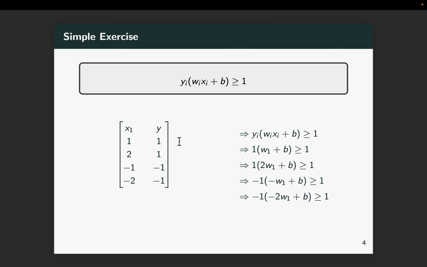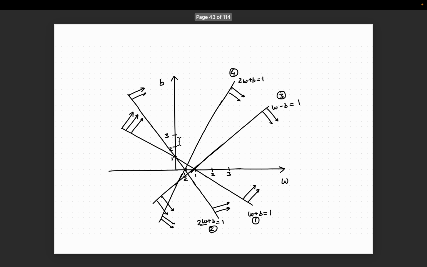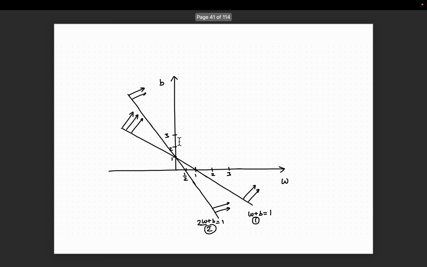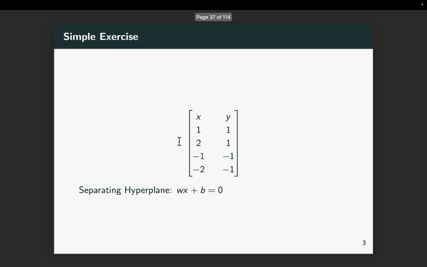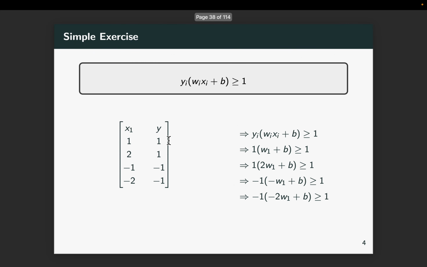Corresponding to each inequality, we made this graph where we looked at the direction of the origin and the direction in which the inequality is feasible. We then looked at the overall feasible region, and we found out that the binding constraints, or the constraints which take an active part in deciding the feasible region, are the ones which correspond to the points which are closest to the separating hyperplane in this trivial case.